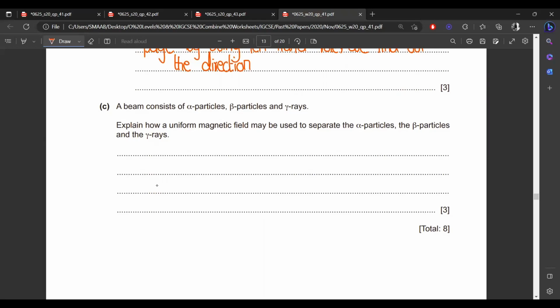A beam consists of alpha, beta, gamma particles, rays. Explain how a uniform magnetic field may be used to separate the alpha, beta, and gamma rays. Actually, this is most related to the nuclear section, because we know that beta will deflect towards positive, but we are only talking about uniform magnetic field.